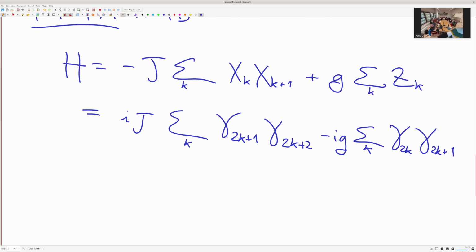The fact that this is equal to Z we saw before, and same here: you have two different gammas, so there will be all these strings of Z which cancel each other, and you're just left with two X operators. So this is a particular example where a Hamiltonian which looks simple or natural in the case of spins also looks equally simple and natural in the case of fermions.